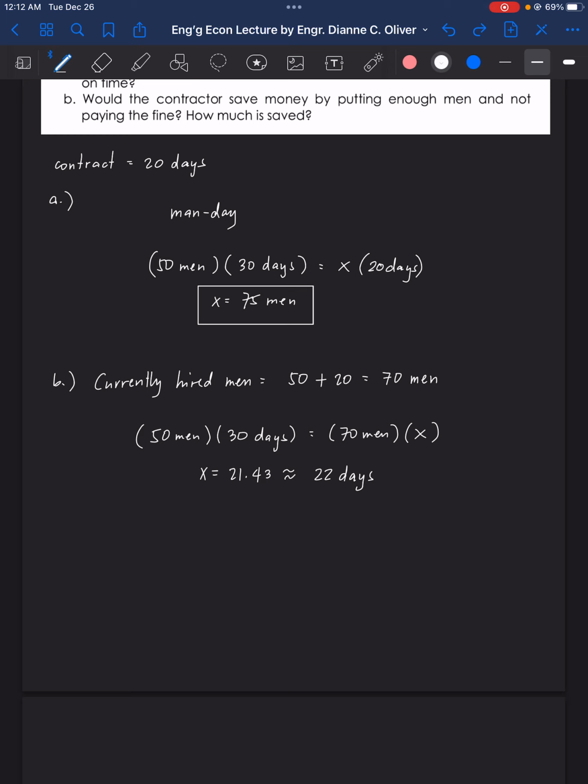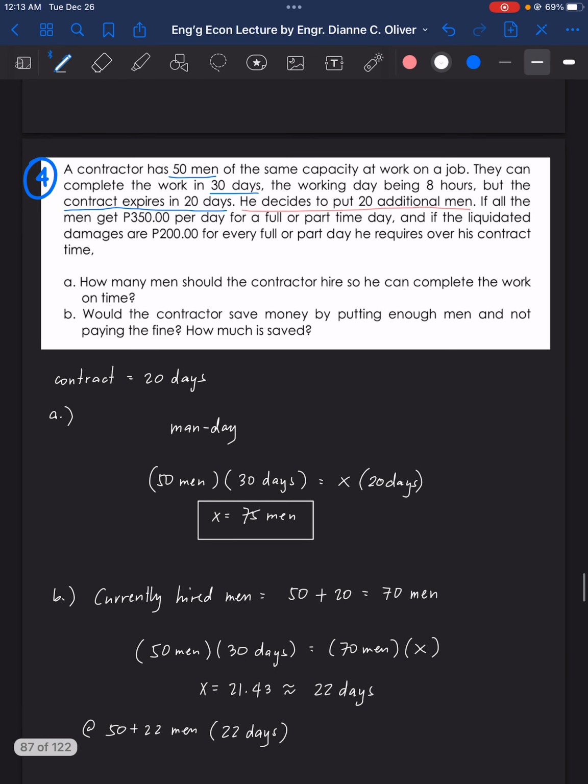So how much is the cost if you are to use 70 men? That will be 70 men for 22 days. So what are the items that we're going to pay here?